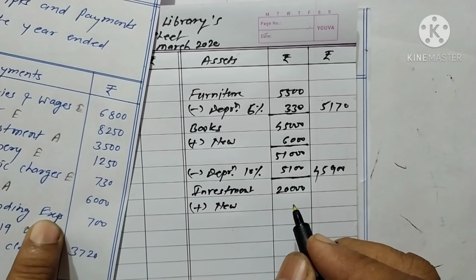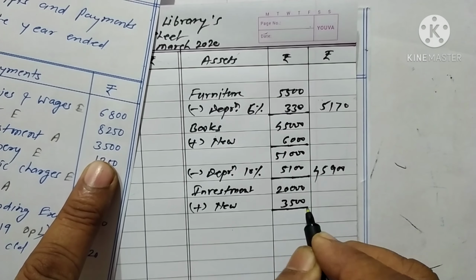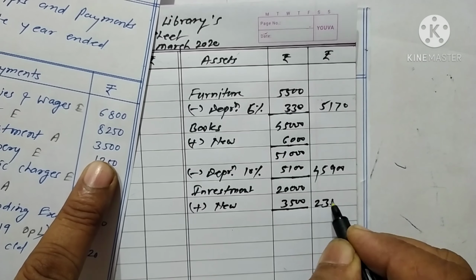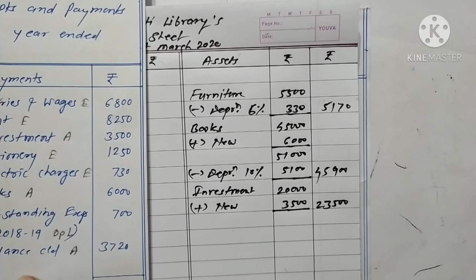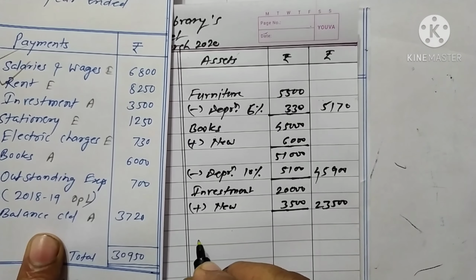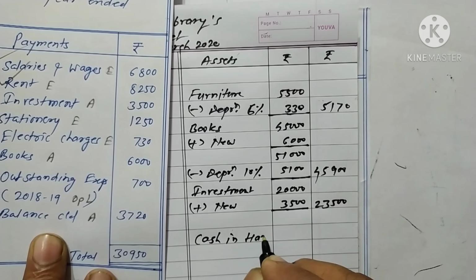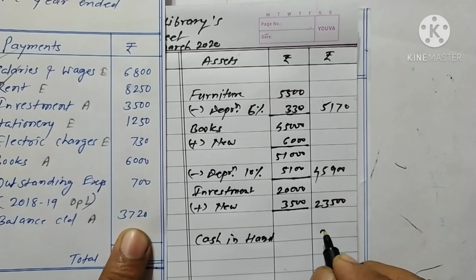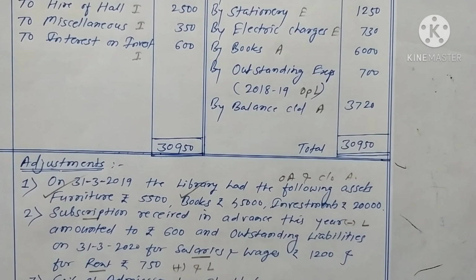Total comes 23,500. Now see the next one. Here cash in hand is an asset, rupees 3,720. Okay, see now, nothing else.